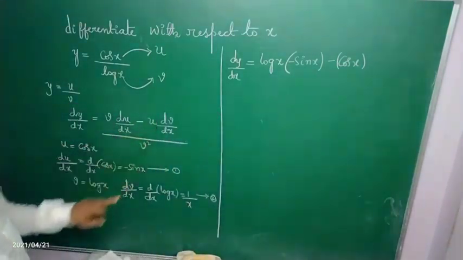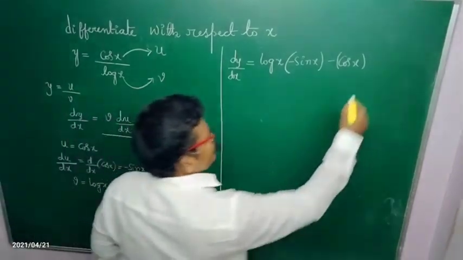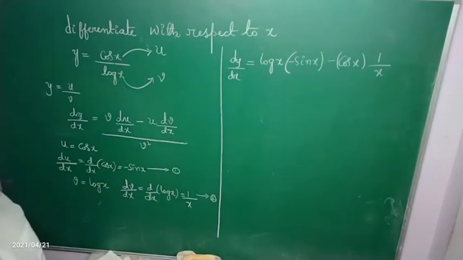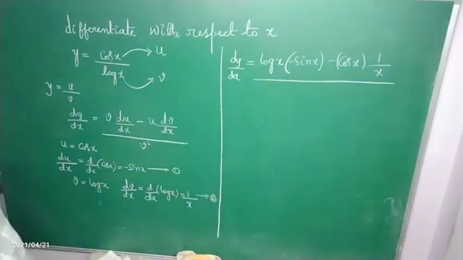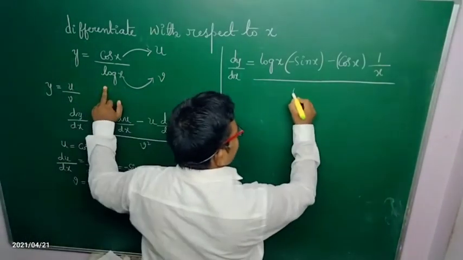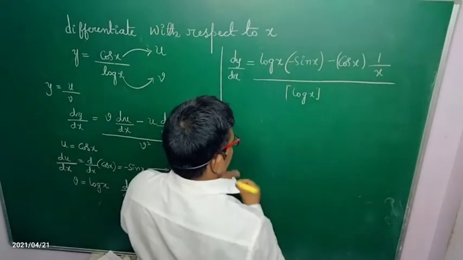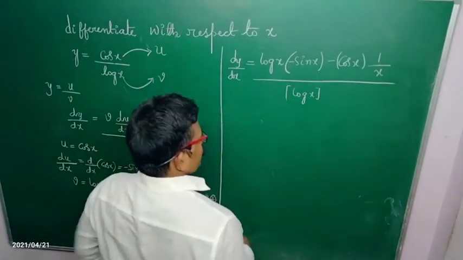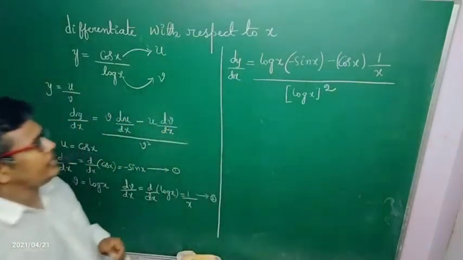What is dv by dx? dv by dx is 1 by x. Okay. By v square. What is v here? Log x. Log x whole square. Okay.